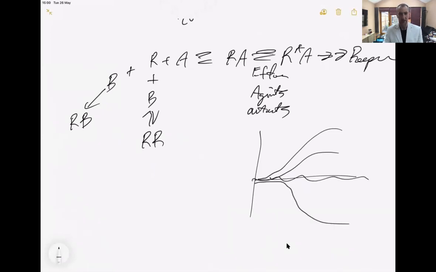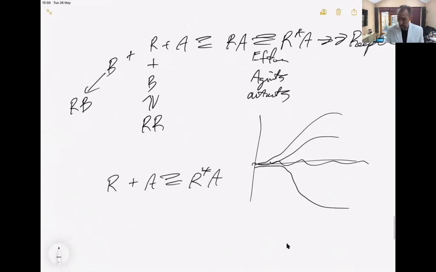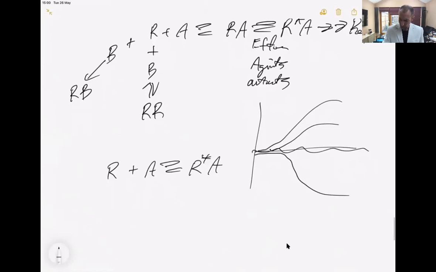There's also something here, an inverse agonist. If we've just got our idea of R plus A goes to R star A, we get an instantaneous activation of the receptor. How could an inverse agonist work? So if we normalize all the data to 0, imagine this is the amount that smooth muscle has contracted. There'll be some tone.